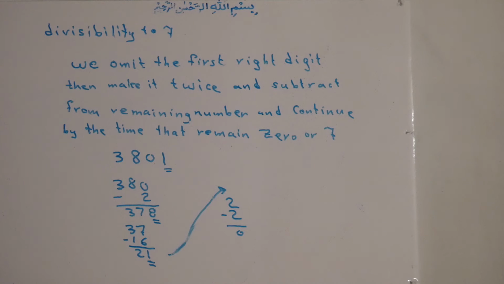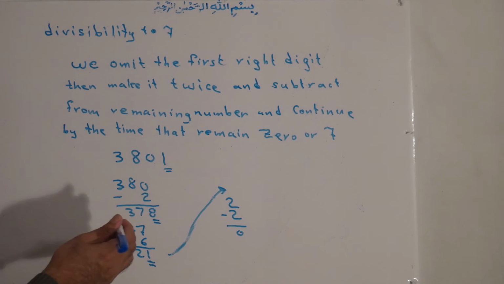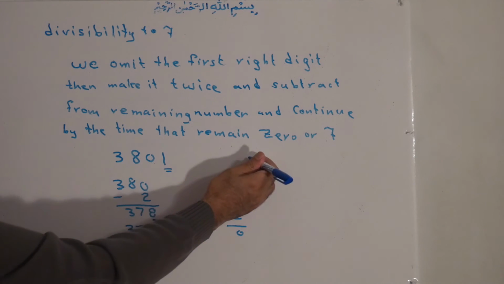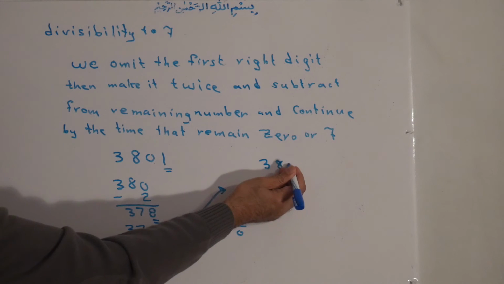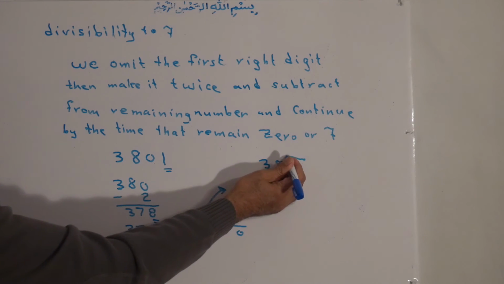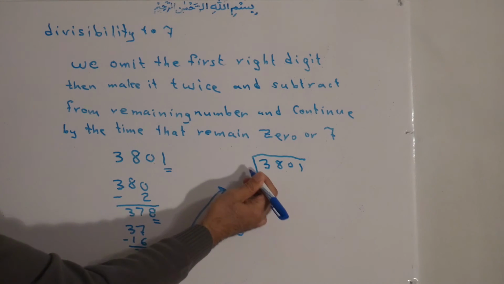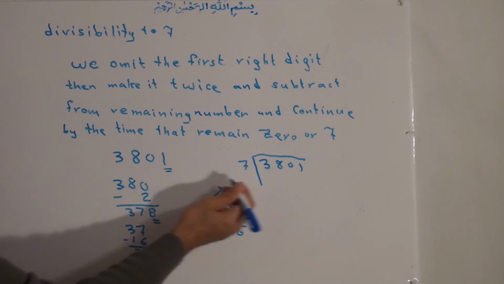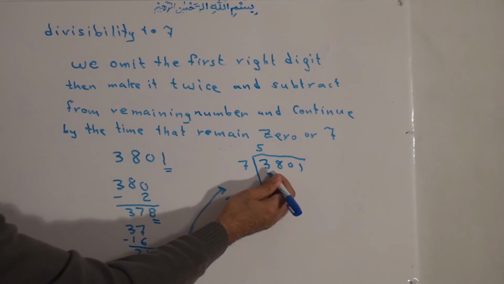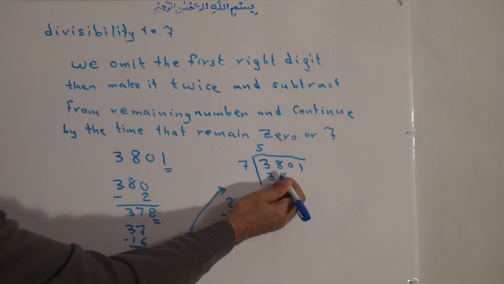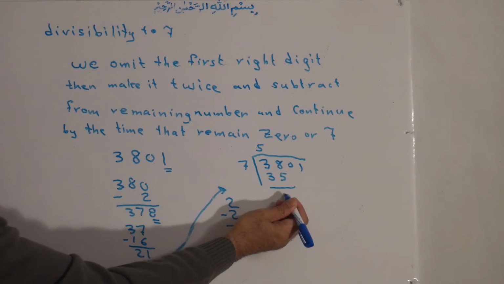Otherwise, if it was something like 1, 2, 3 or some other number, it was not divisible by 7. Now we check this one: 3,801 divided by 7. 5 times 7 is 35. Remaining 3.